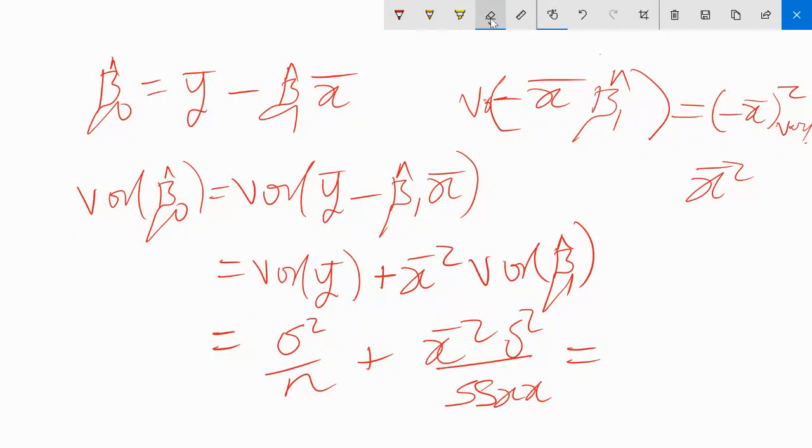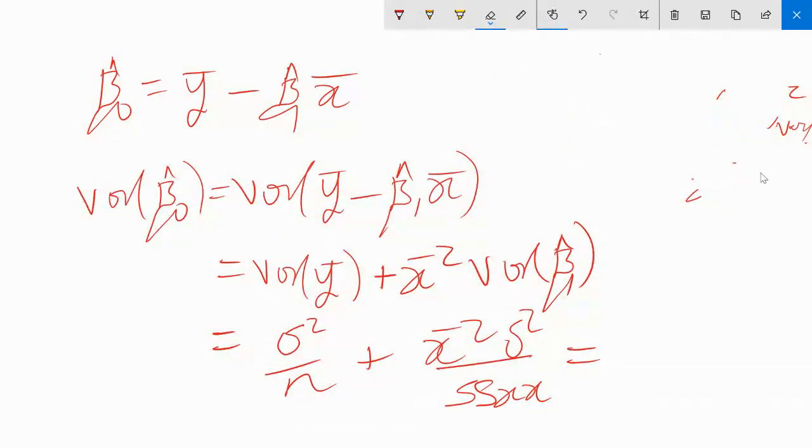You're welcome. So now we are here. This is the variance of beta 0 hat. And I wanted to simplify it as well, because we can simplify it.